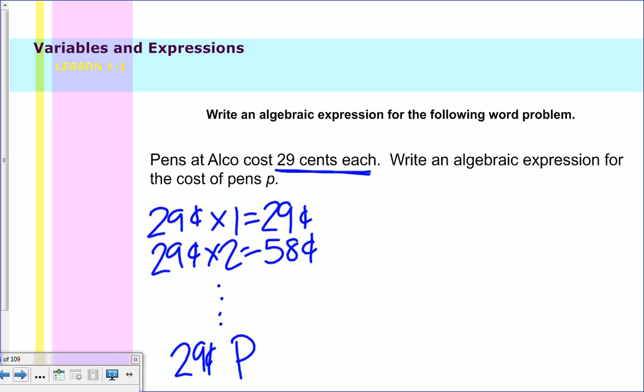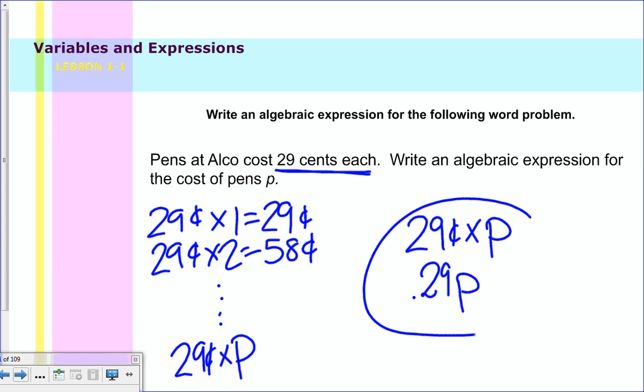So if you follow the same idea, we were multiplying. So you get 29 cents times P, or if you wanted to write it as a decimal, 0.29 times P. Either one of those would work. But again, we had to tell the cost for pens. So that's what we'd write.